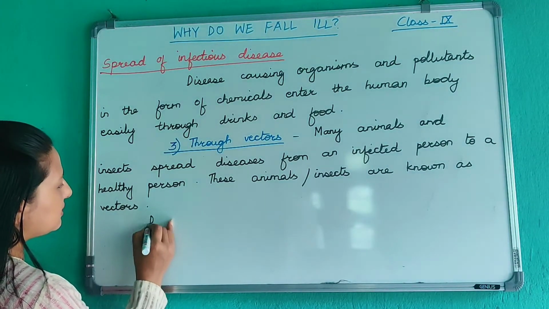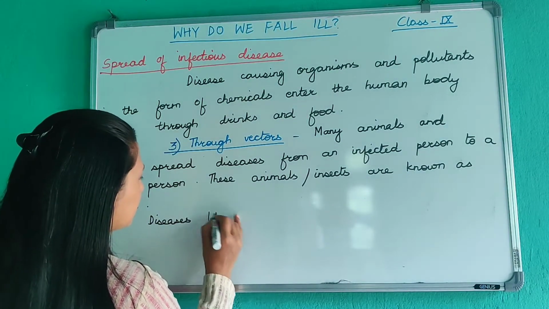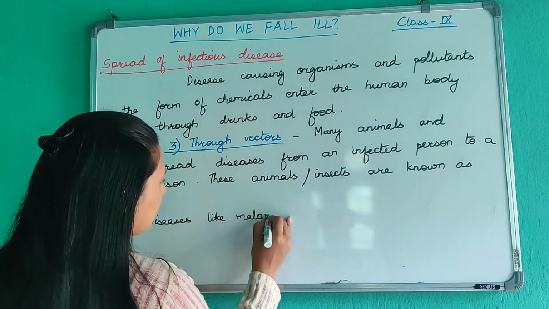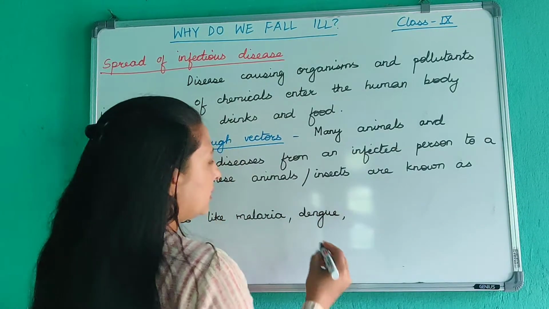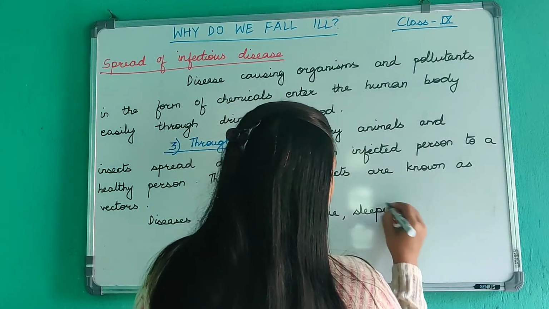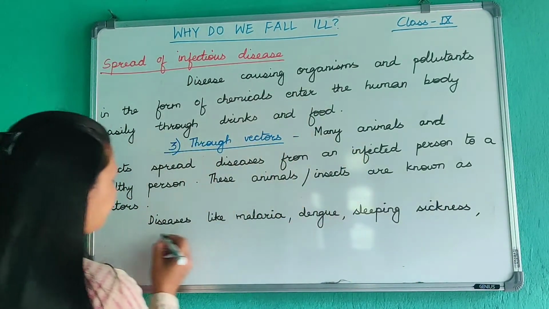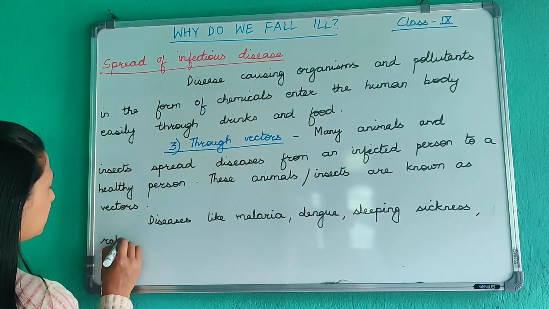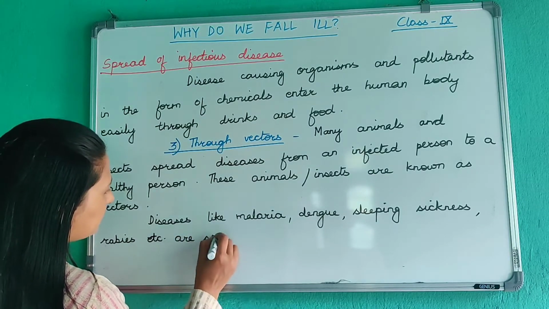Diseases like malaria, dengue, sleeping sickness, rabies, etc. are spread through vectors.